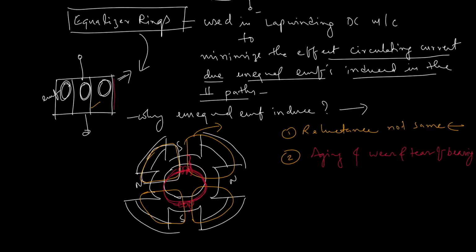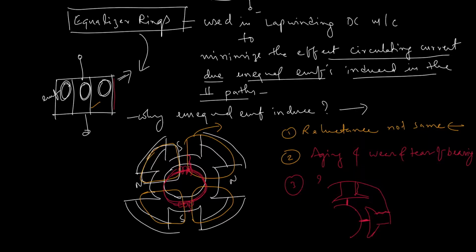Okay, and the third reason may be the poles and pole shoes. We arrange the poles on the stator, and there may be unequal lengths. This length and this length may be slightly different, which will cause the distance from the pole shoe to the armature to vary.